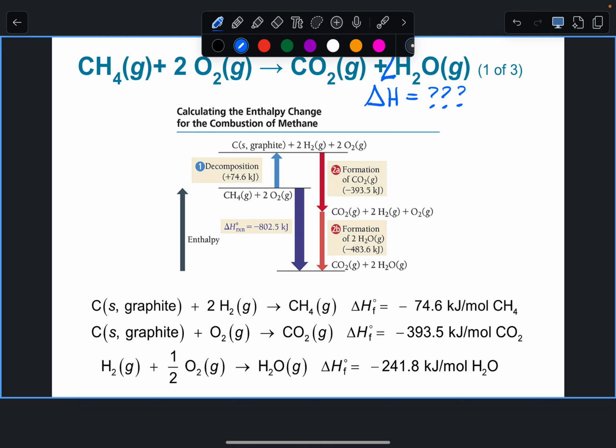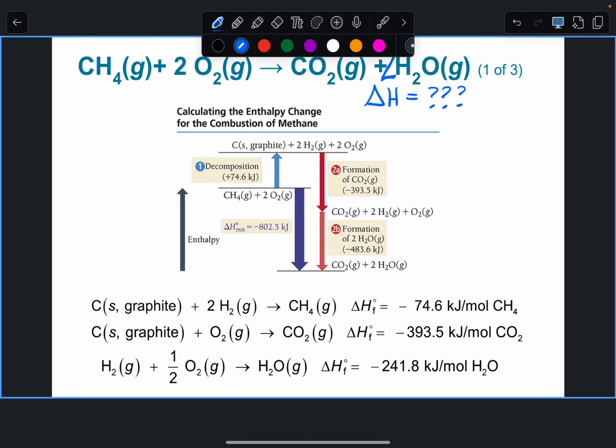Now, I could have just said, use the ones from the table for CH4, CO2, and H2O, but I went ahead and gave you the reactions themselves. So what I want you to do is take those equations and do another Hess's law problem and figure out what the delta H is for this equation above.